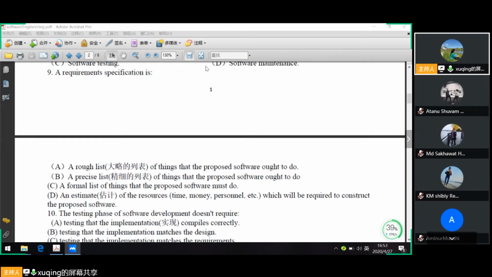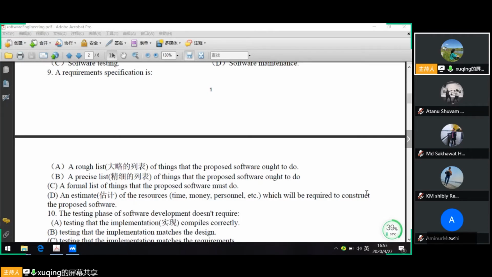Here, whether the requirements specification should be rough or precise, it's not exactly defined. It depends on the customers and developers.